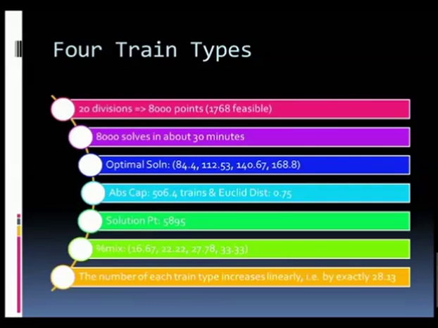So this is actually quite a very interesting solution because it's actually linearly increasing. There's actually a theoretical property here for this train type competition problem. Now the reason for that is that the section running times of the trains are actually based upon a formula. So there is actually a link between the different train types. So hence there is a theoretical result here.